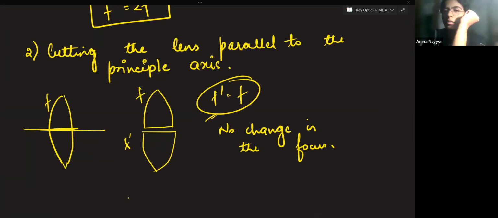See class, one type of question also comes from lens: whether to tell if your lens is converging or diverging.